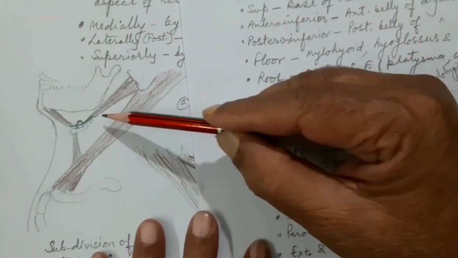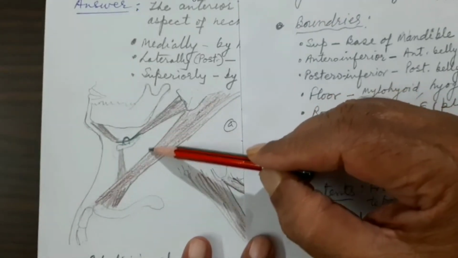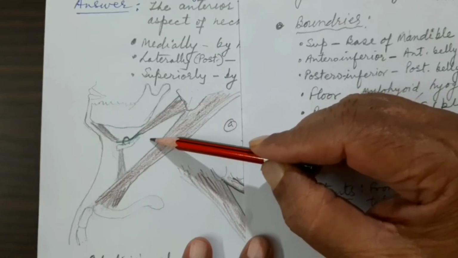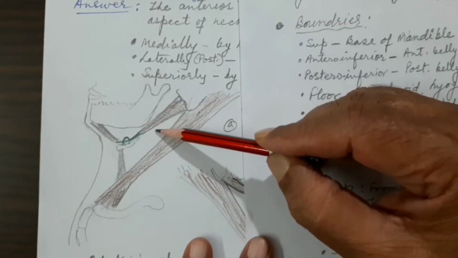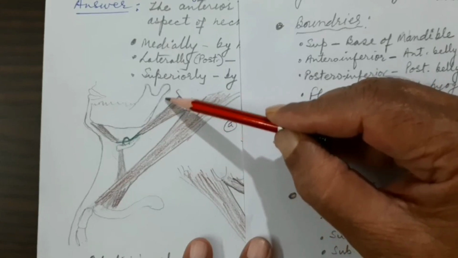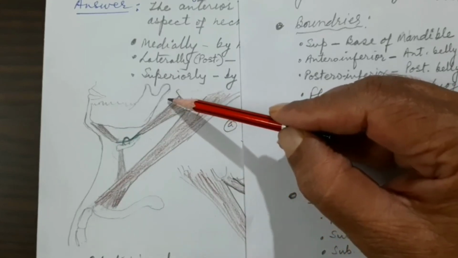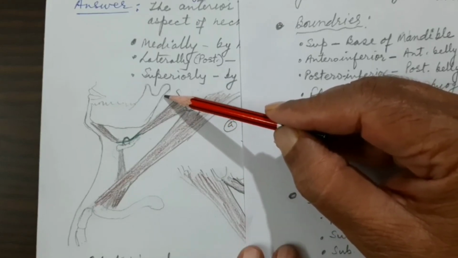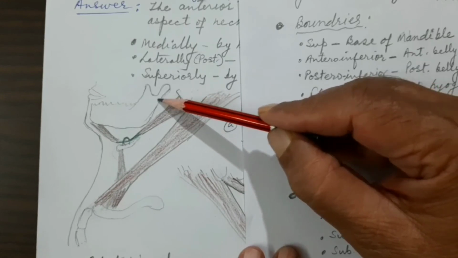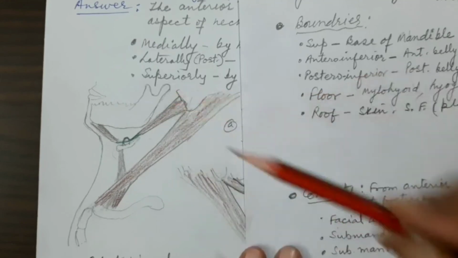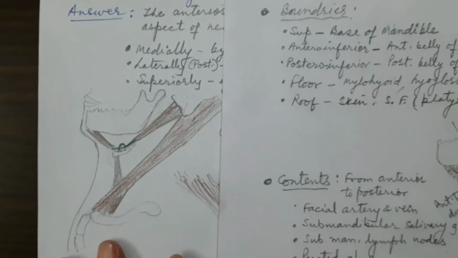We have seen that the common carotid artery divides into the external and internal carotid arteries in the carotid triangle, and then they go deep to the posterior belly and lie here. The external carotid lies within the substance of the parotid gland, and will divide into terminal branches just posterior to the neck of the mandible, into the maxillary and superficial temporal arteries. So these arteries are also contents of the digastric triangle.